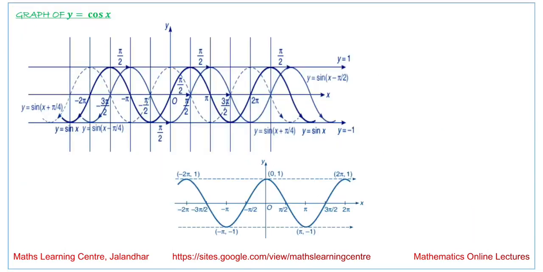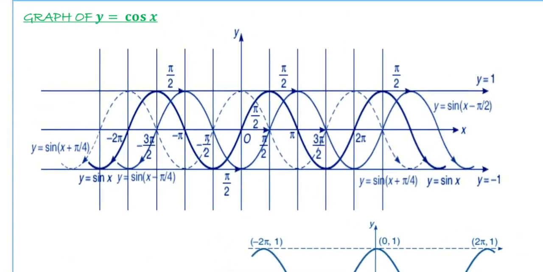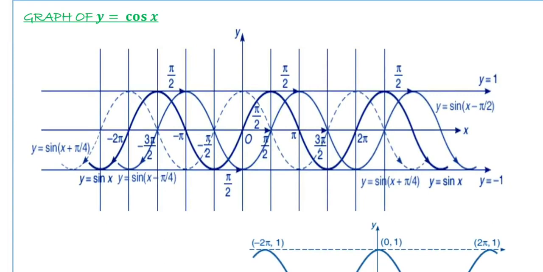Next we are going to plot the graph of y is equal to cos of x. First of all we are looking at the axes over here. This is our y axis and this is our x axis. We are drawing the graph of the function y is equal to sin x.